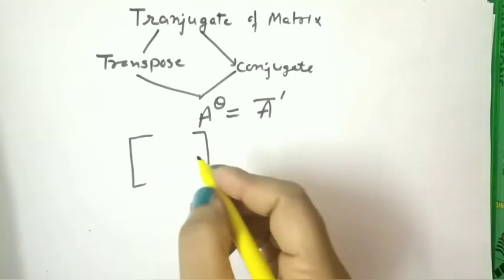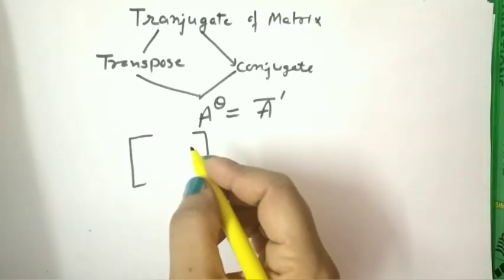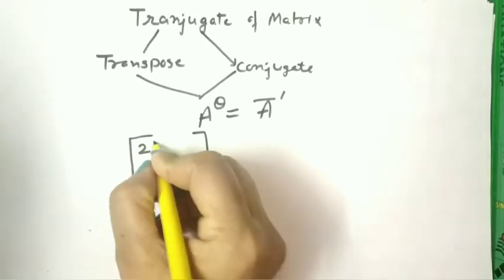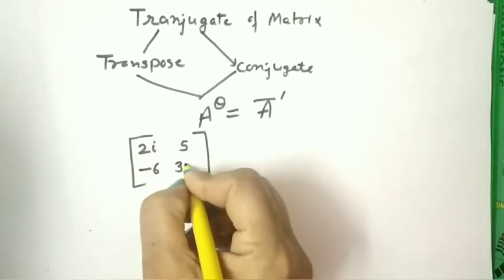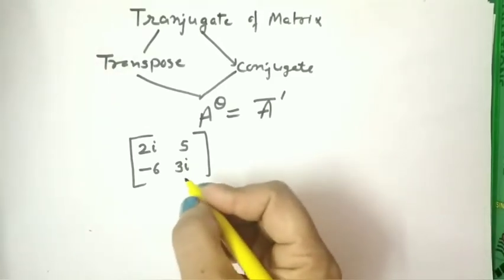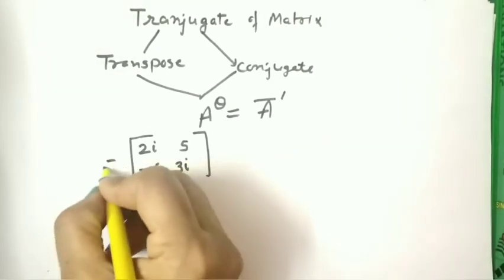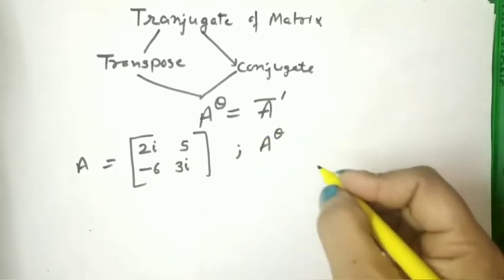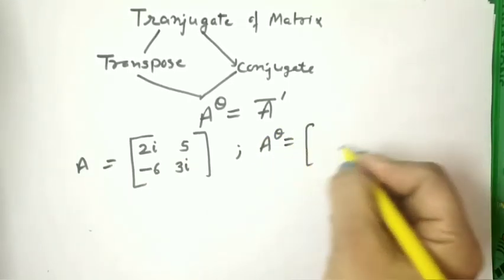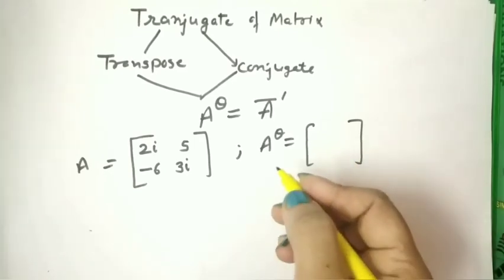So let us take one example. Let it be 2 iota, 5, minus 6, 3 iota. Let it be any matrix. So now this is A and you have to find A theta, the conjugate transpose of the matrix. So you have to take the transpose and the conjugate.